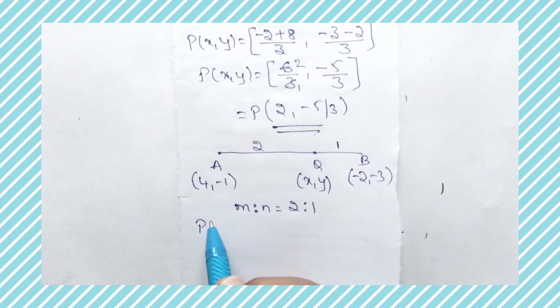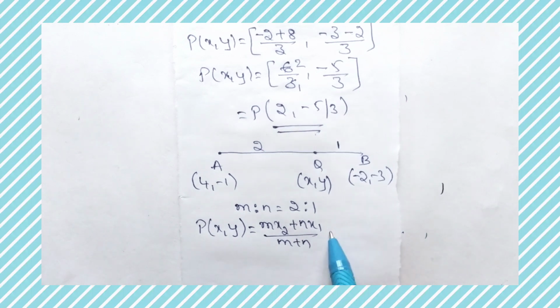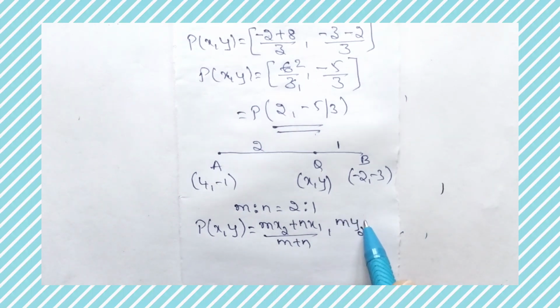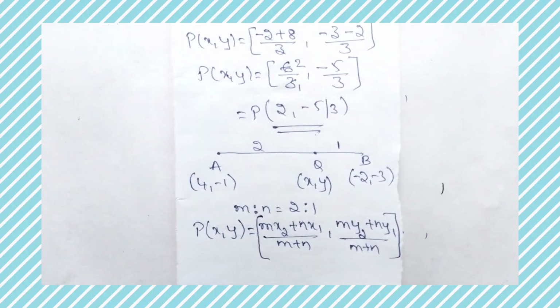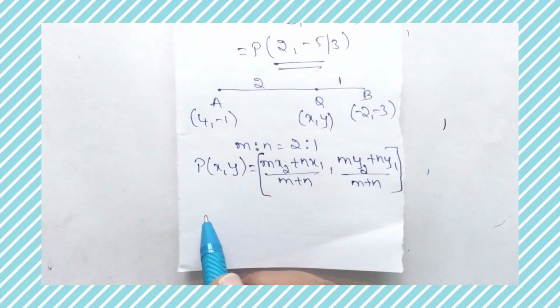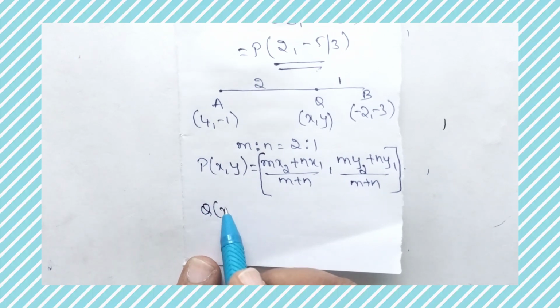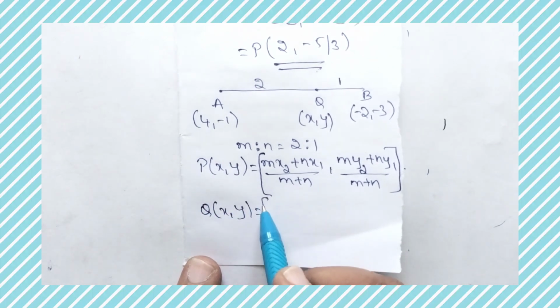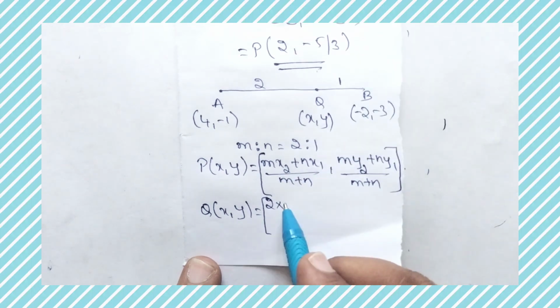So now let us use the section formula. Px comma y is equal to mx2 plus nx1 divided by m plus n comma my2 plus ny1 divided by m plus n. So we know everything: m, n, then x1, x2, y1, y2. Then find the coordinates of point Q. Instead of P, I have to write Q. Qx comma y is equal to m, m means 2, into x2, x2 means minus 2.